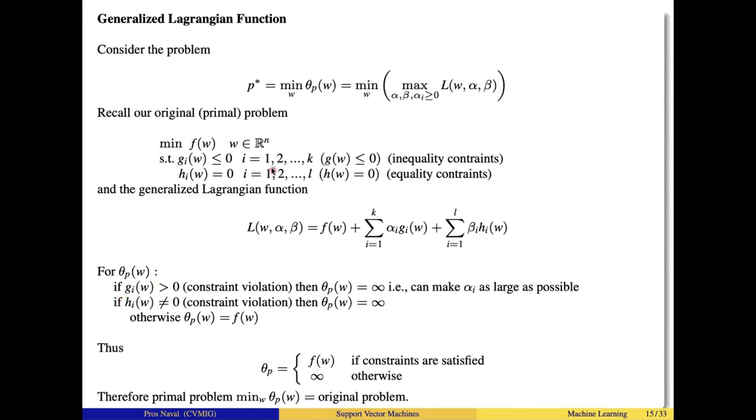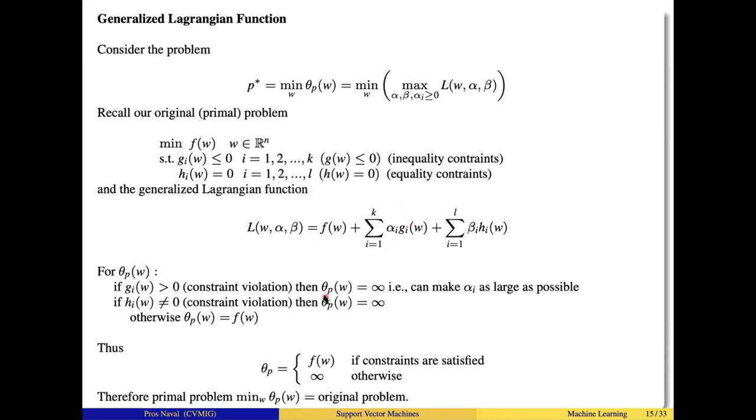gi, which is gi here, is greater than 0, and alpha I is any non-negative number, and you're allowed to make alpha as huge as possible, then what happens? When you start maximizing, alpha keeps on growing and growing, and this whole thing blows up.